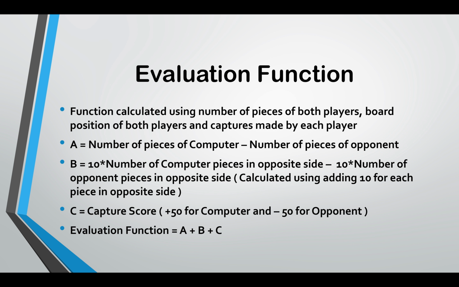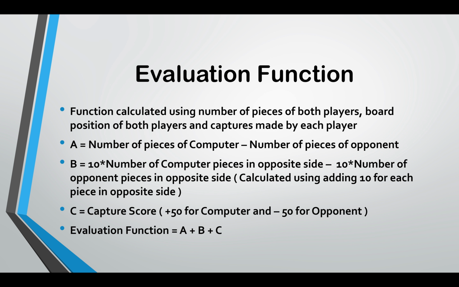We have used an evaluation function for getting the values of the nodes. This function we have calculated using the number of pieces of both players, board position of both players, and the captures made by each player. The first function gets the number of pieces of the computer and the number of pieces of the opponent, and subtracts one from the other.